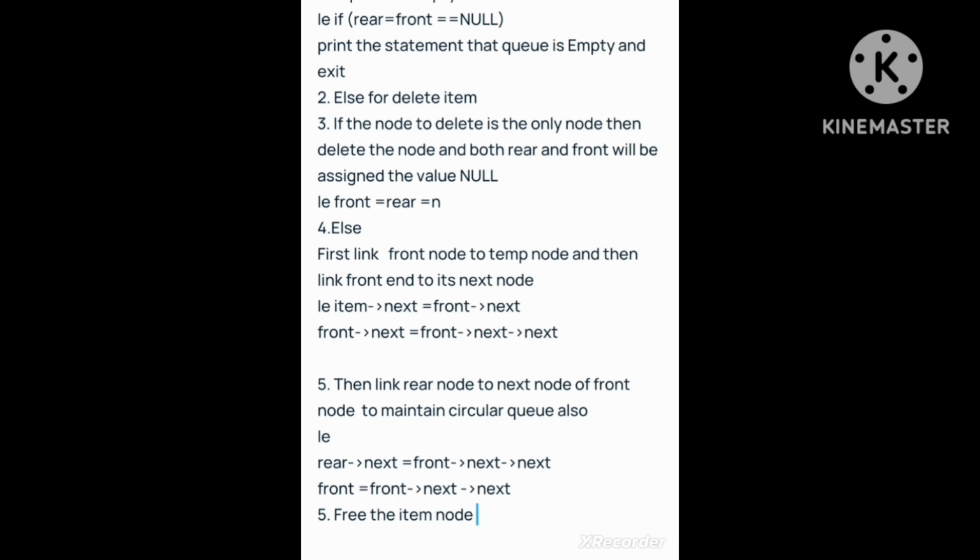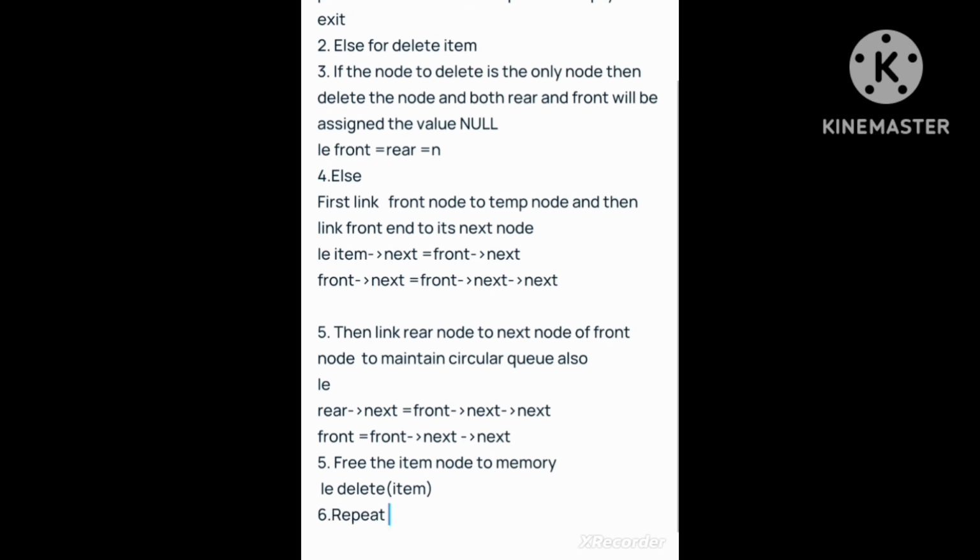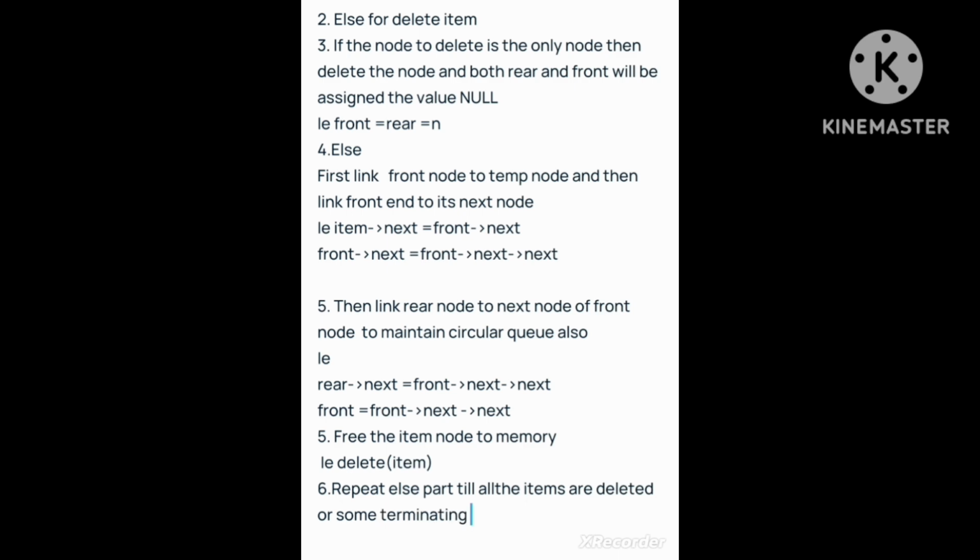And then we have to free the item node which has to be deleted from the queue, and we have to repeat the else part till all the items are deleted or some terminating condition is satisfied for deleting the items from the circular queue.